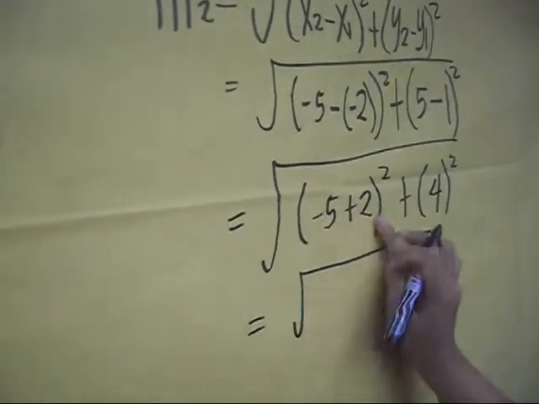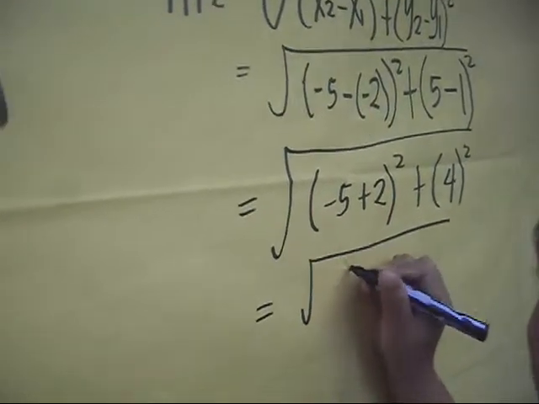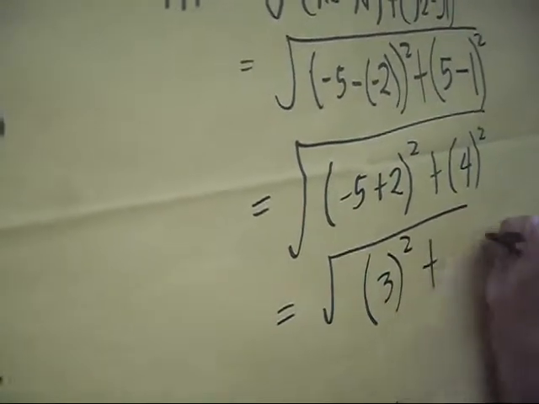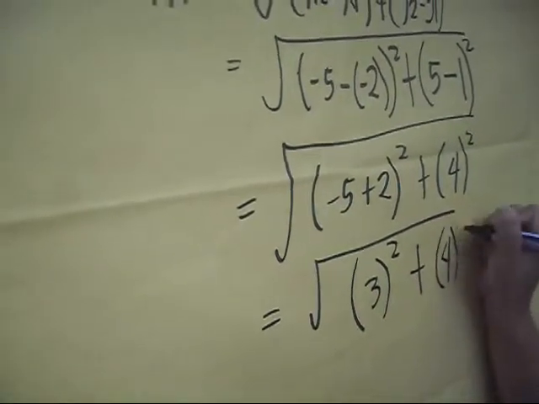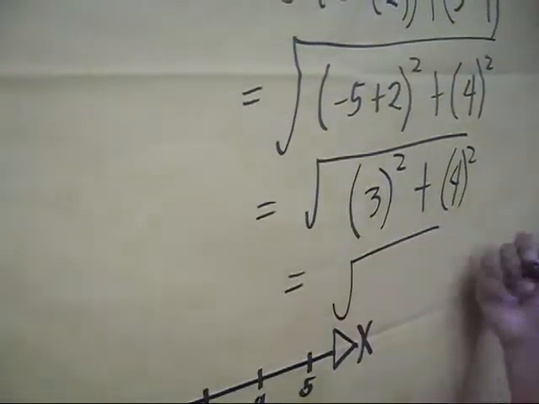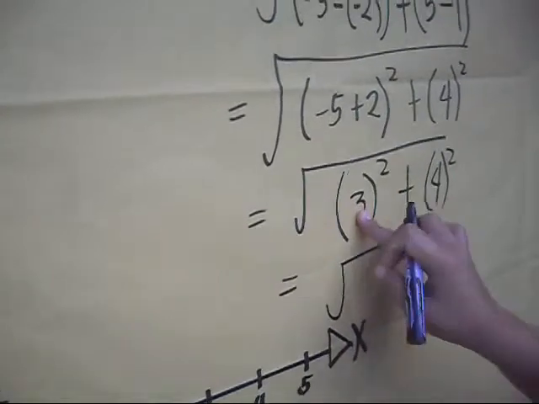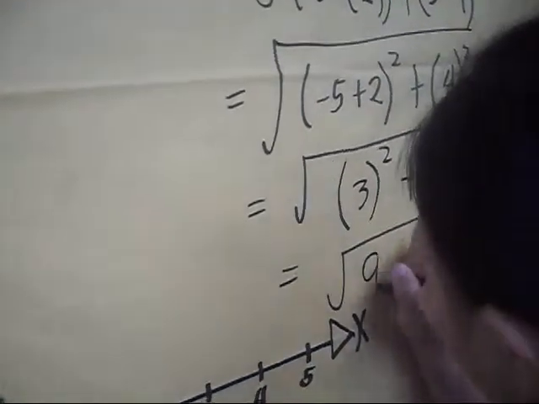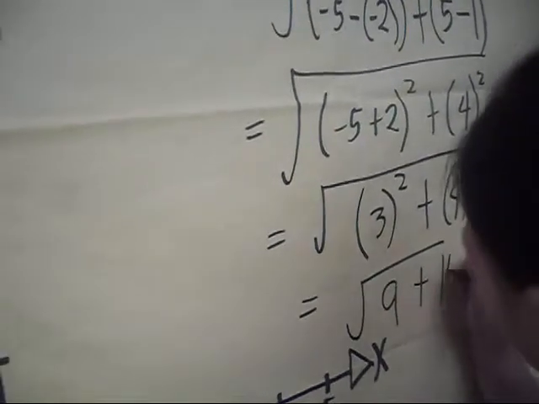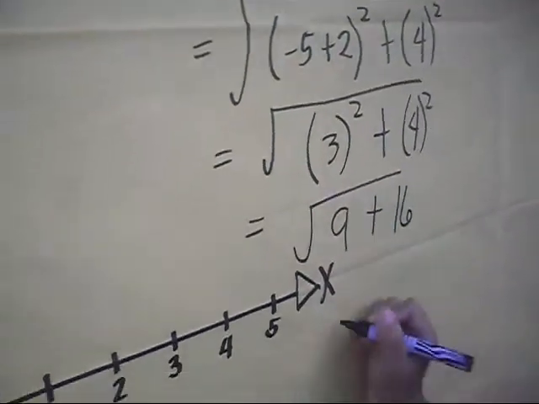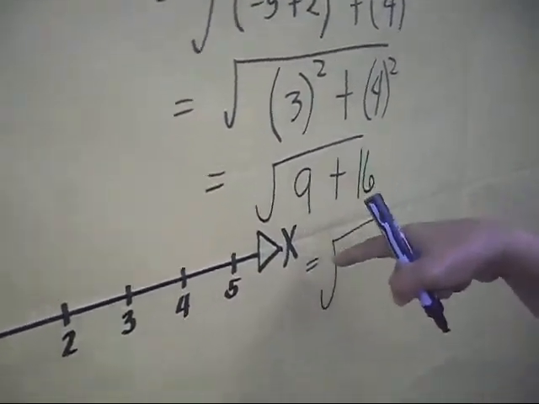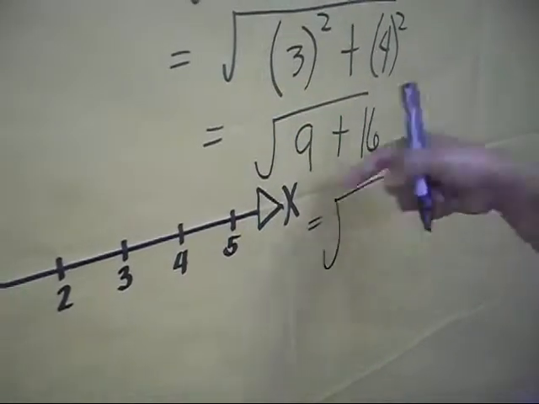Negative 5 plus 2 is equal to 3 squared plus 4 squared, equals square root of 3 squared is 9 plus 4 squared is 16. So, square root of 9 plus 16 is equal to 25.